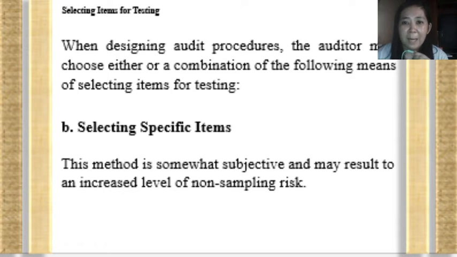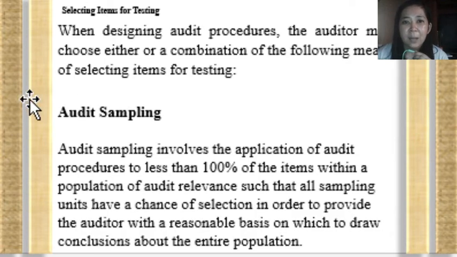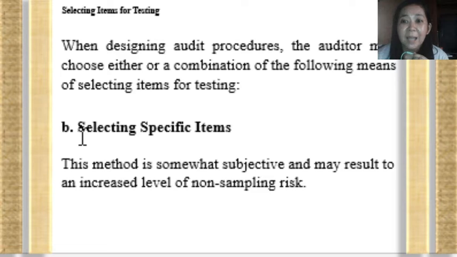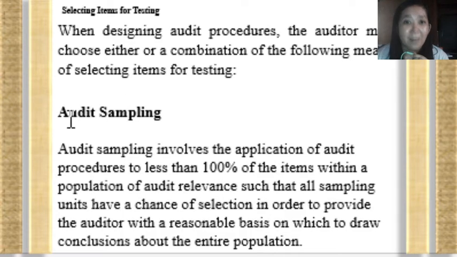Whereas in sampling, we have the population, and then the auditor will follow the methods for audit sampling to select what items to include in the evaluation. Meaning, the auditor did not specifically determine what item. The item is determined by the result of the audit sampling technique selection. Okay, so this is the difference between selecting specific items and audit sampling.